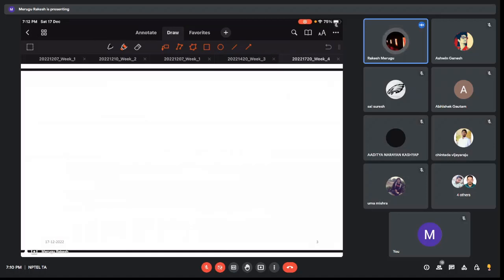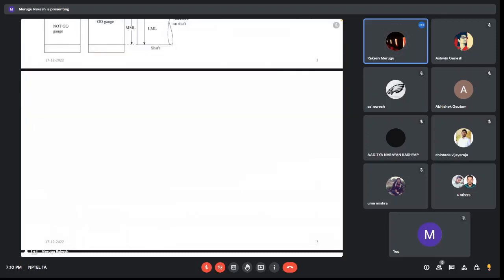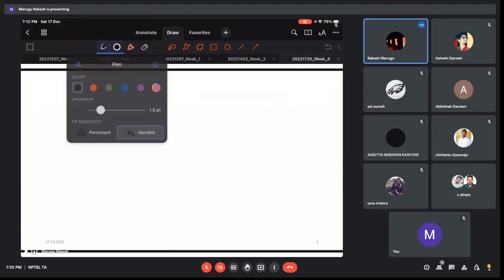So let us start. Before going to limit cases, there are some small concepts. Let us cover those. As you know, there are two types of tolerances.